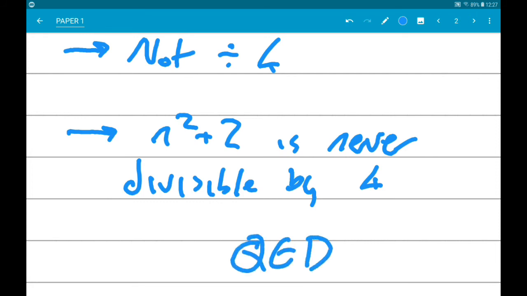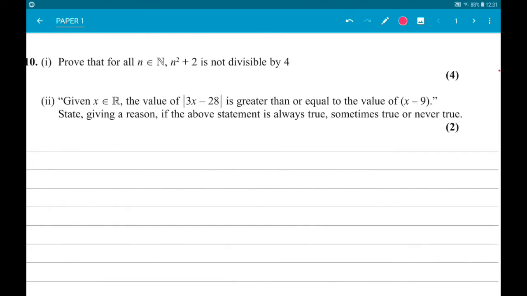Quite enough done. 2. Given that x is in the reals, the value of the modulus of 3x minus 28 is always greater than or equal to x minus 9. State, giving a reason, whether this is always, sometimes, or never true.